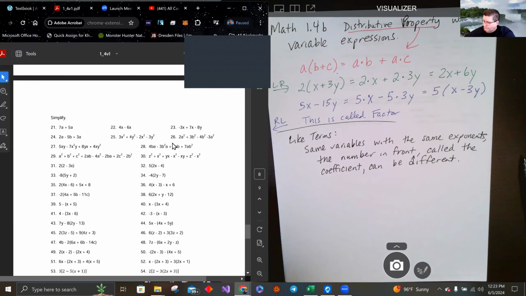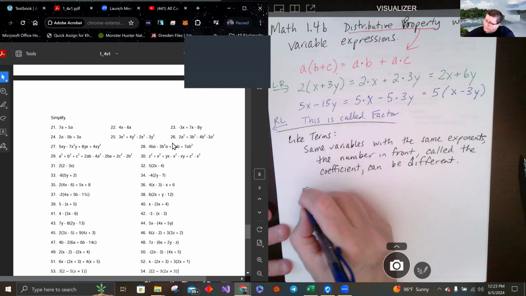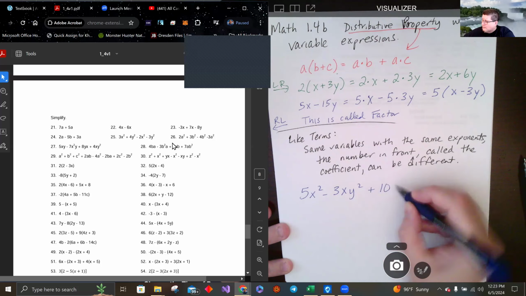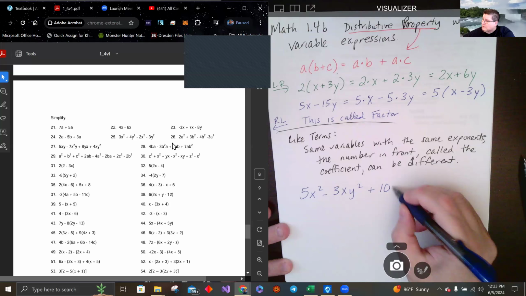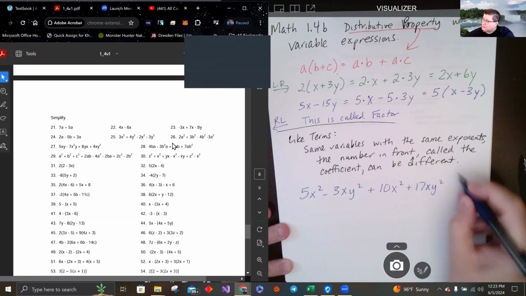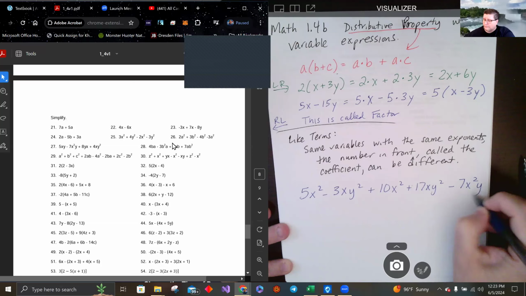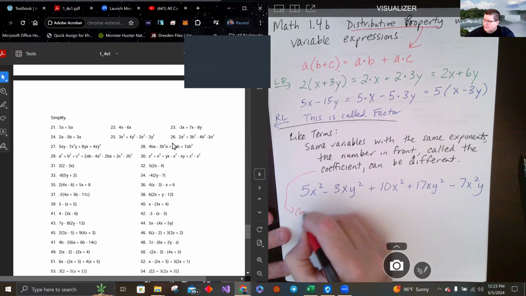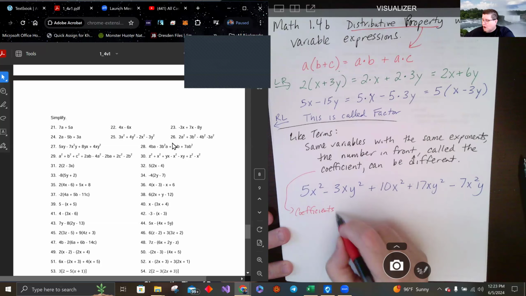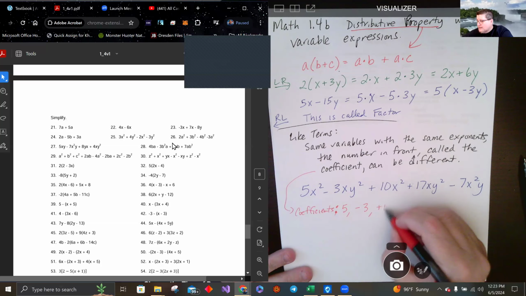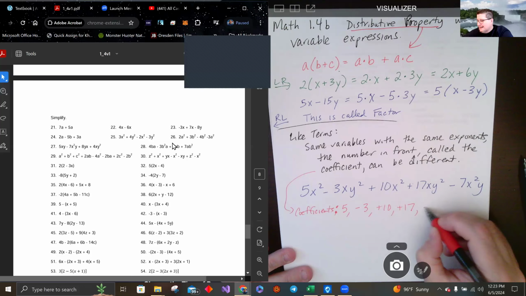So just to give you an example. The coefficients here are the 5, -3, +10, +17, and -7.